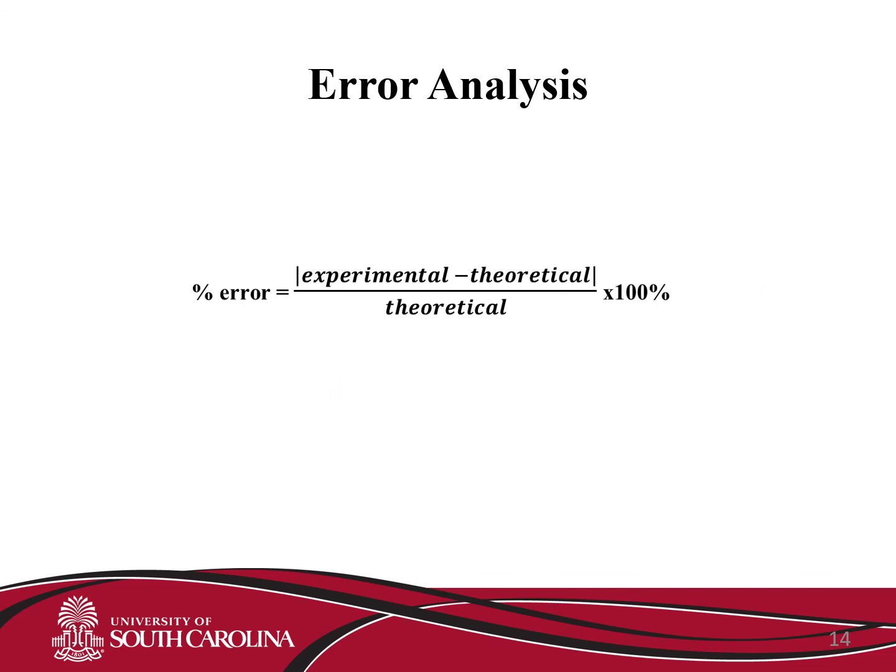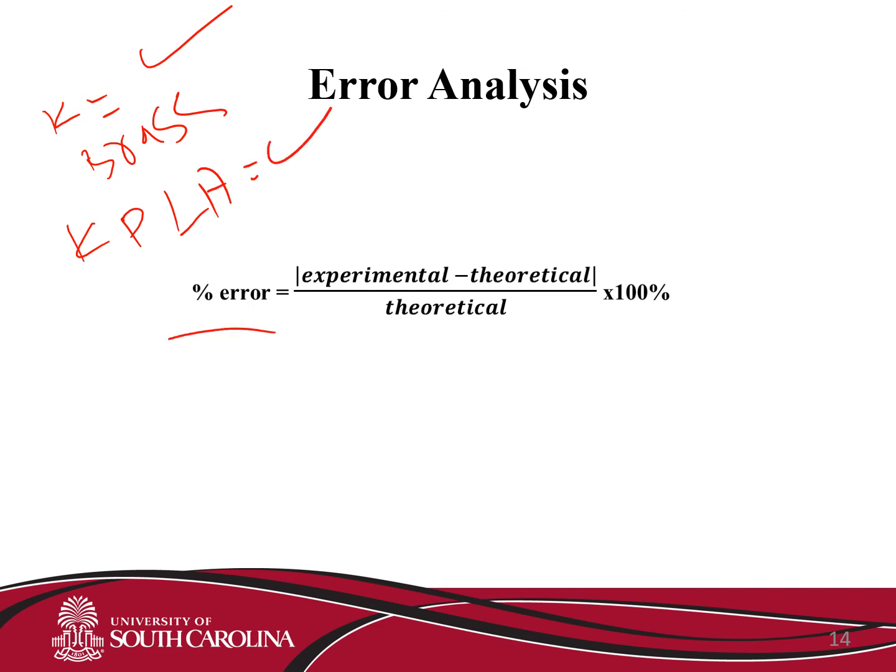So finally, once you find the thermal conductivity of the metal, which is brass, and the thermal conductivity of PLA, you need to find the error.